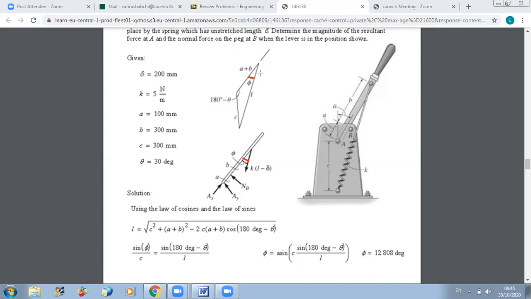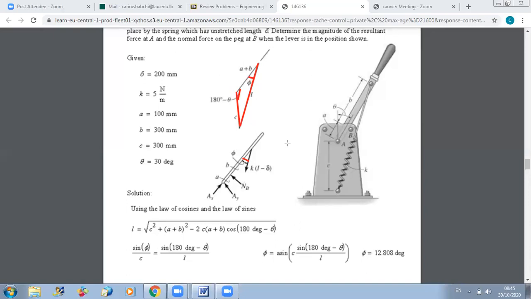So by applying sine law, you can say that sine phi over the opposing edge, which is C, is equal to sine of 150, which is this angle, over L. Okay, so from here you can calculate the value of phi. Once you find phi, you know everything about your force, you know its direction, you know its magnitude. So now you can project it on x and y.